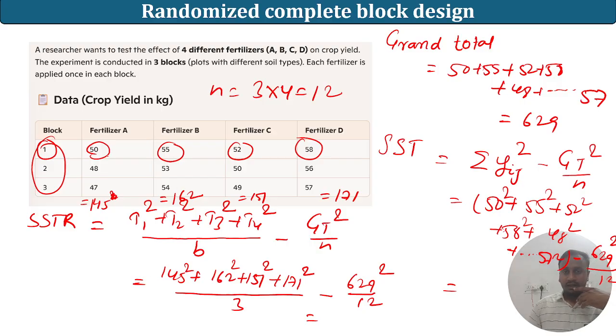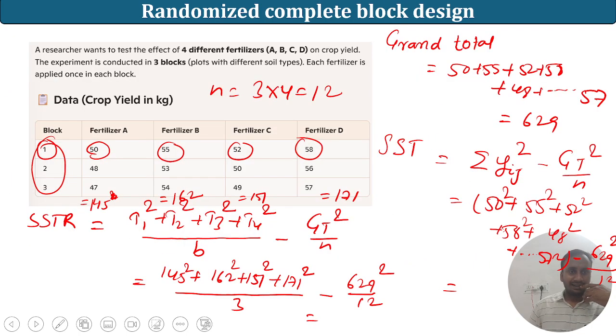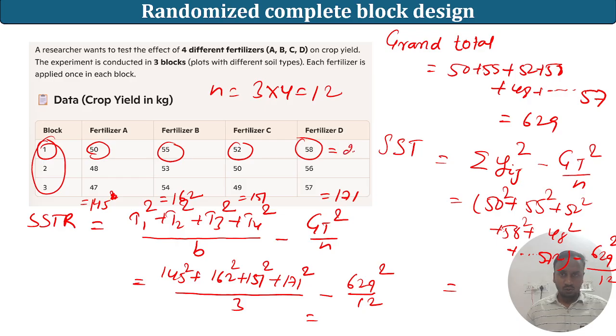Okay. So now we have calculated SSTR. Now we have to calculate SSBL. How will we get it? For SSBL, 50, 55, 52, 58 gives 215. 48, 53, 50, 56 gives 207. What about 47, 54, 49, 57?